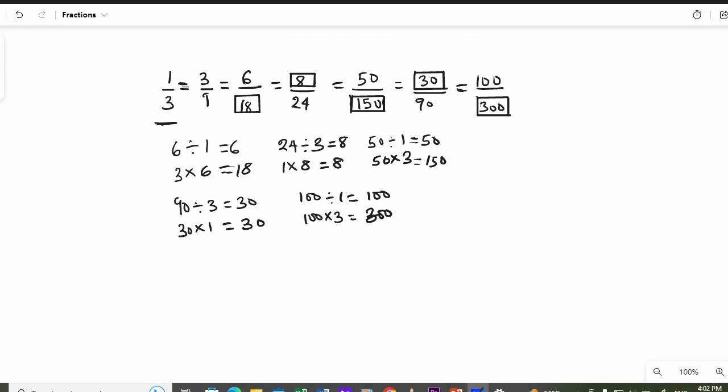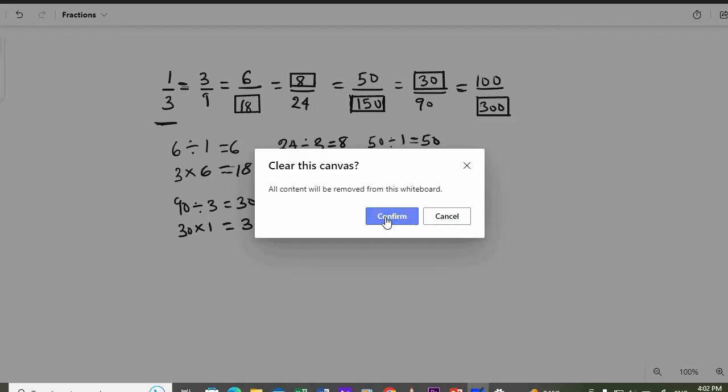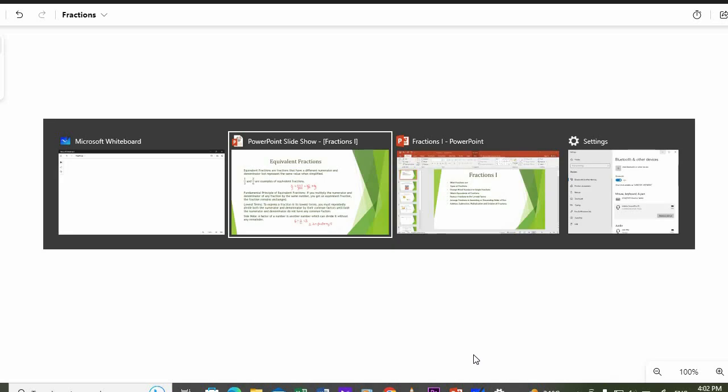Okay, so we'll move on to the next part, which is arranging fractions in descending or ascending order of size or magnitude. So we're just going to clear this whiteboard here, and then we'll move to our slides.